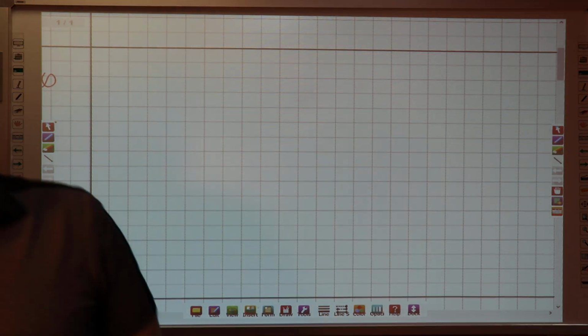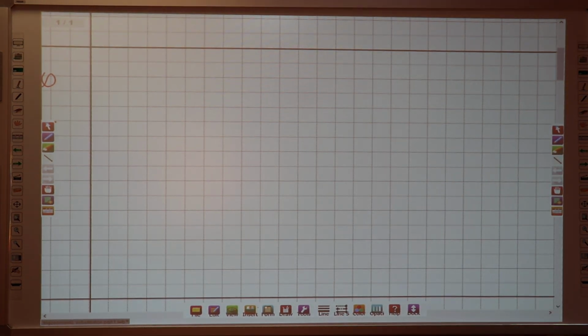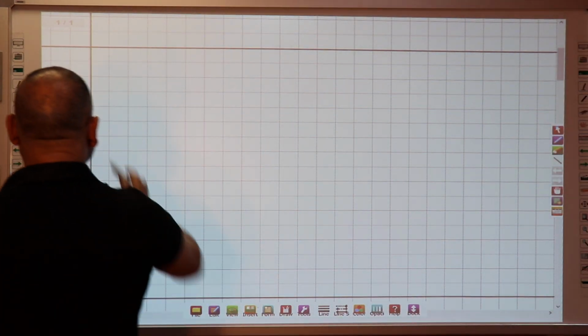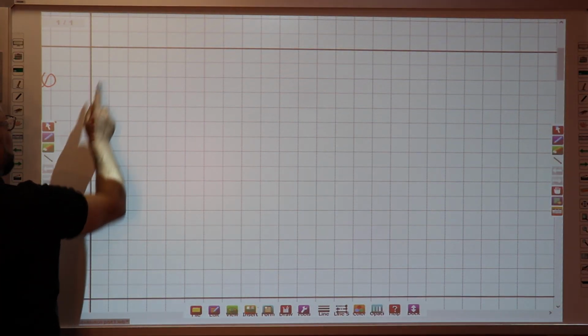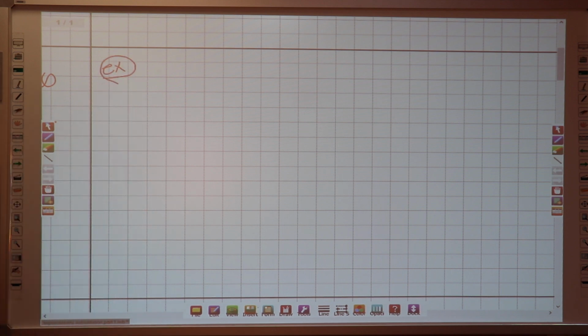Let us take the first example. Integration.